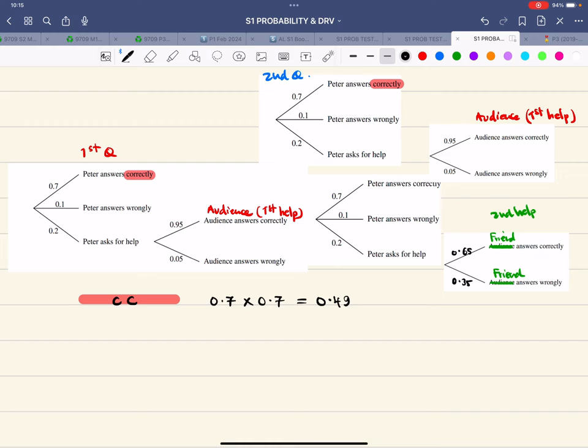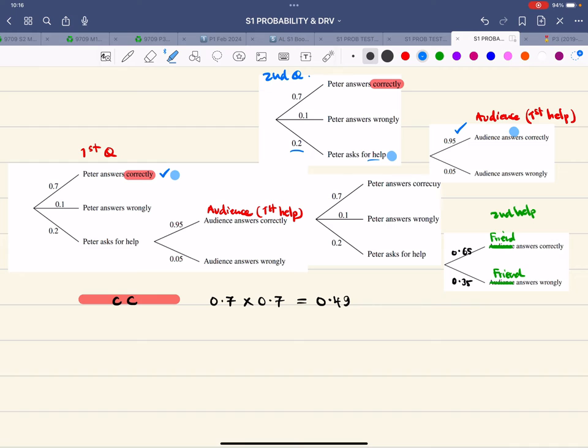What is the second option? The first answer is done correctly. Peter asks for help, and that is the help thing. So C is done and then help over here, and then audience answers correctly. So therefore, let me highlight this thing in blue color. That is this thing, that is this thing, that is this thing. So now, yes, this is a very technical question.